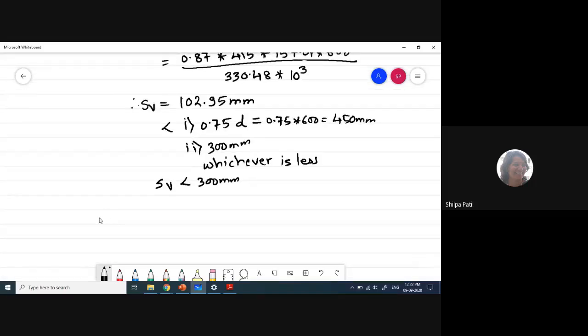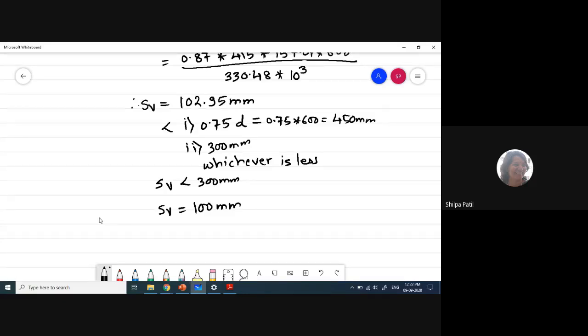Okay, so just write down one statement. Sv we can provide as say 100 mm. Now why 100? Why not 102? Because after the calculation we are getting 102.95. So let us consider as 103 mm. Round it off to the higher side.